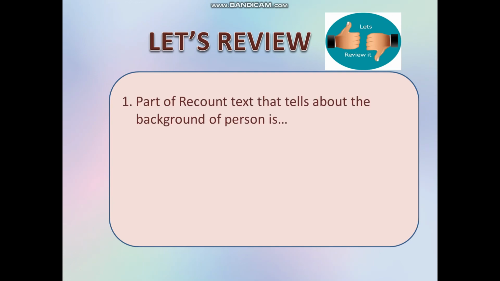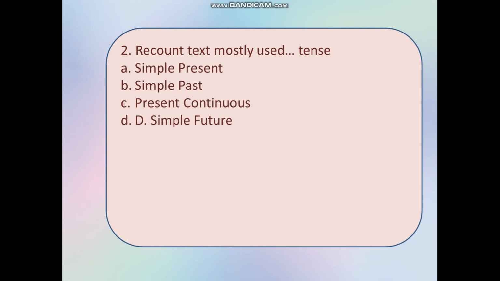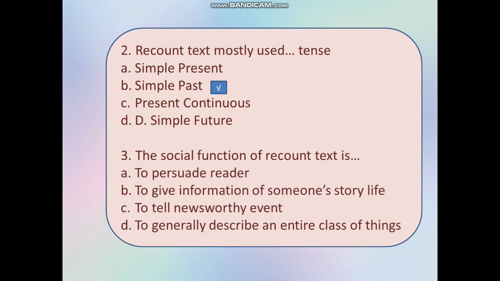Number 1. What is the answer? Yes, good job. The answer is orientation. Next, number 2. What is the answer? Excellent. The answer is simple past. Number 3. What is the answer? Great.